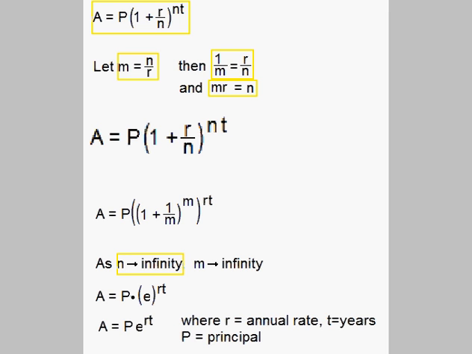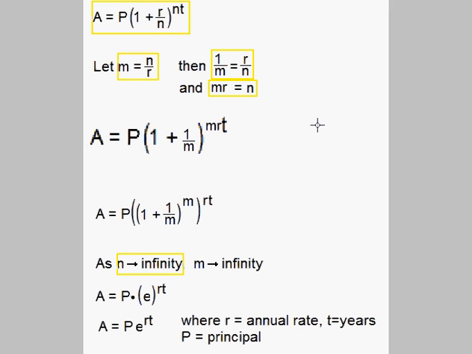Now I'm going to do some substitutions. Since 1 over m equals r over n, I'm going to take that r over n and replace it with 1 over m. And since n is equal to m times r, I'm going to put an mr in its place.